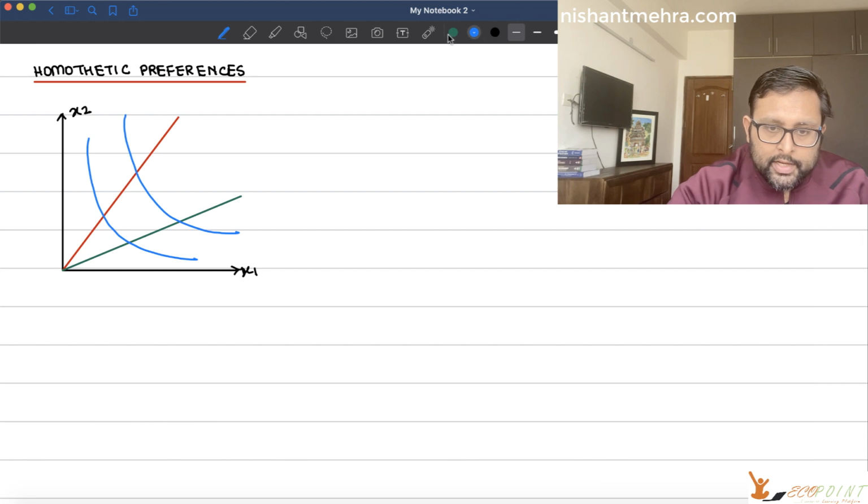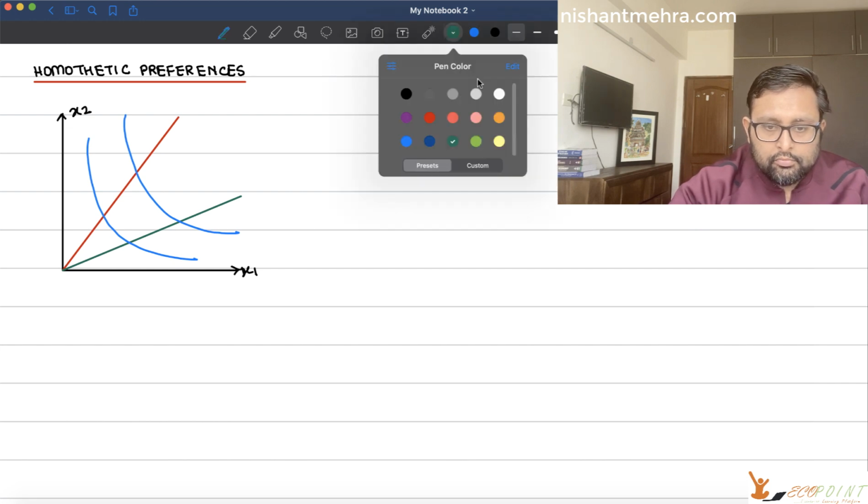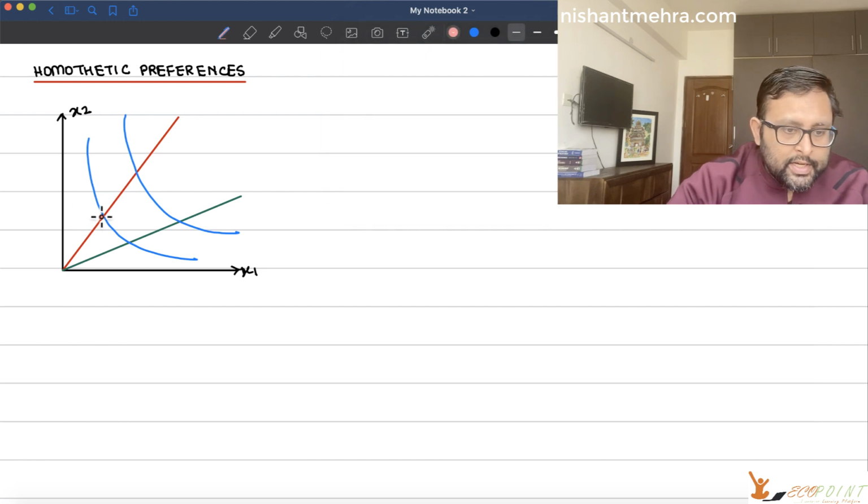Well, if you take, let's say, the slope of the indifference curve along this, so the slope of the indifference curve is same here, is same here.